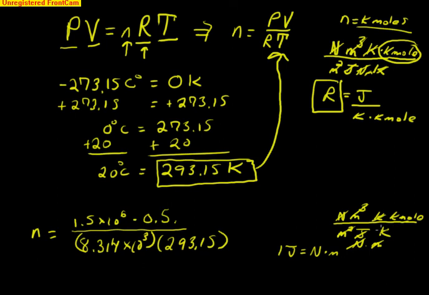These go away for our Kelvin, and we're left with our correct dimension. So whatever we get, we're at least going to be in the right dimension. Okay, and through the magic of a calculator, this problem ends up being 0.308 kilomoles. Alright, there's our answer. And I'll post another video with part B.